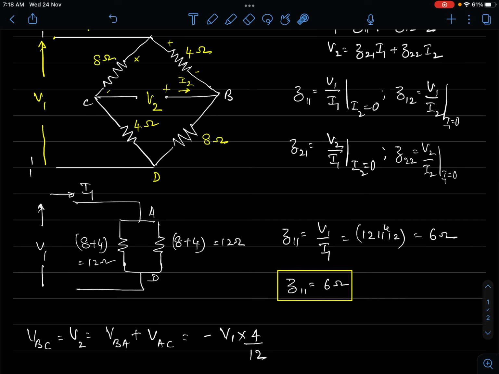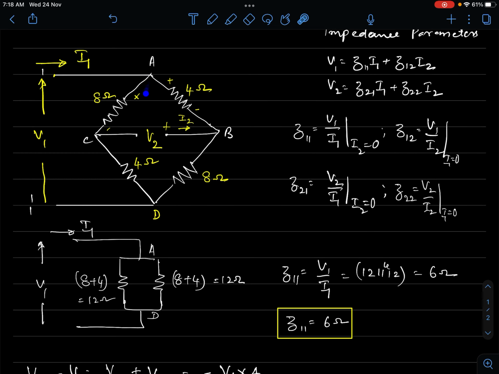Let me tell you again. The potential difference across this resistor would be equal to, this is the voltage V1 appearing across AB and BD, right? So it will divide between 4 ohm and 8 ohm. So V1 will divide between 4 ohm and 8 ohm.